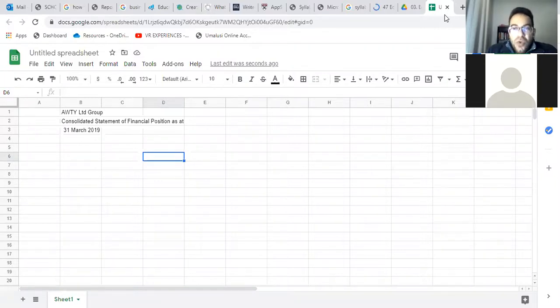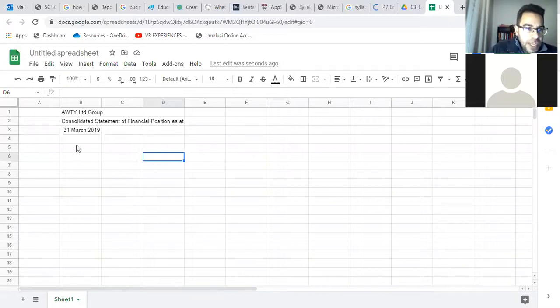They didn't say ignore comparatives. So technically speaking, we should be including comparatives because they didn't say ignore comparatives. But why won't we include comparatives? Because they never gave us information relating to comparatives. If they did give us information relating to comparatives, then we would have to include them because they did not say ignore comparatives. But in this scenario, they never gave us any comparative information, so we won't include the comparatives. Okay, so just take note.